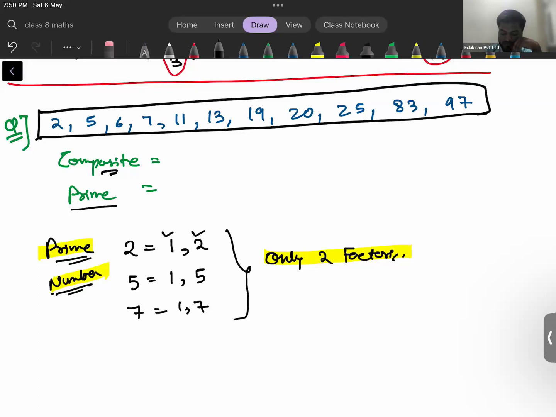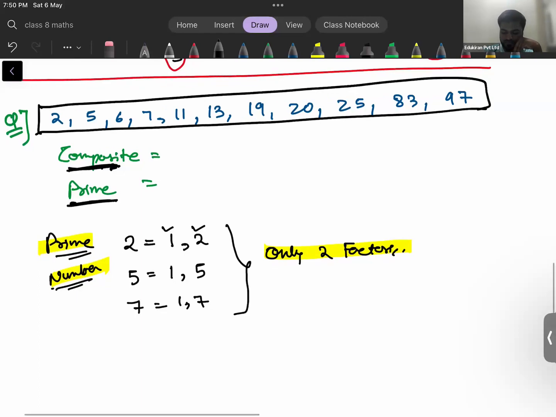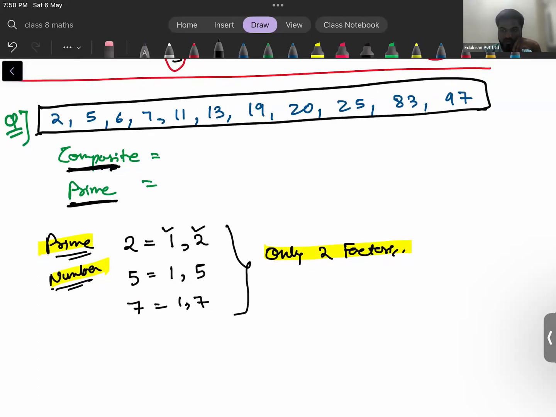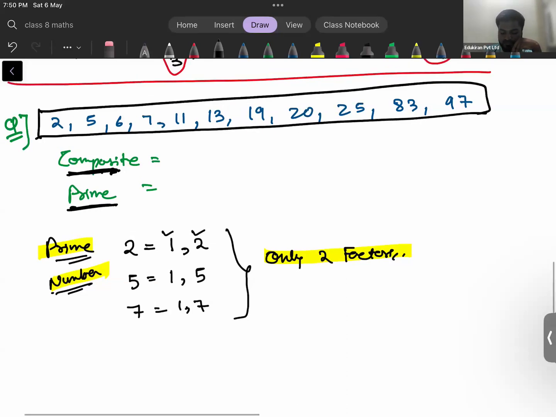Which number, sir? Composite and prime numbers. How do I write, sir? Simply tell me which are the composite numbers here. I will write it here.